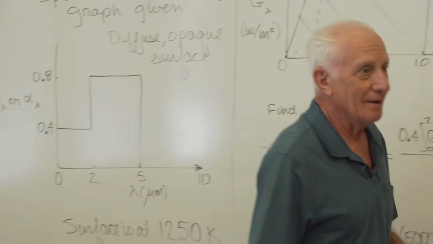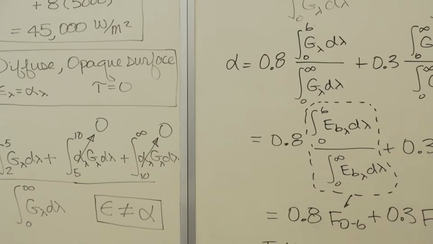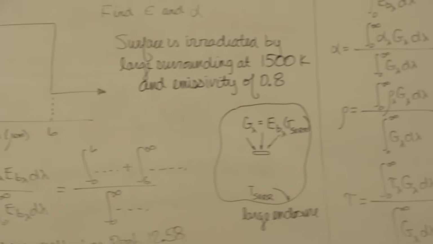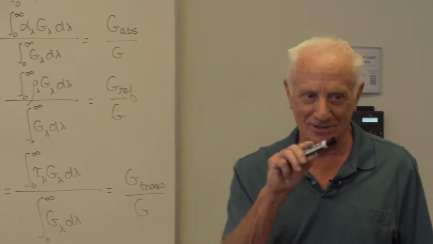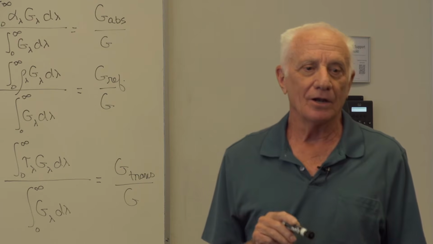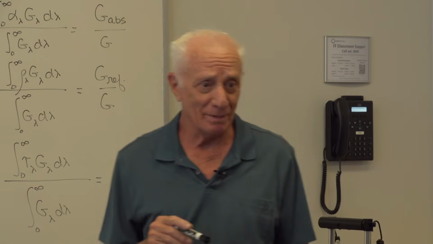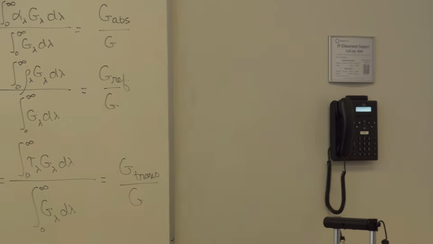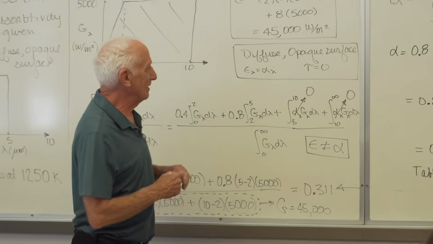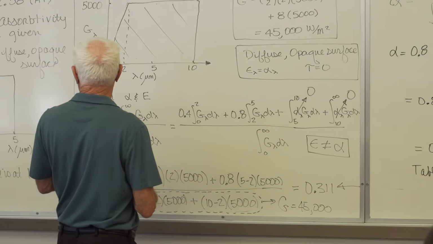Would a pure white and a pure black surface also be considered gray? What does gray mean again? Do you remember? Not a function of wavelength. There's a graph in the book for white paint that you can look at. Over certain regions, maybe it could be. Let's take this one.